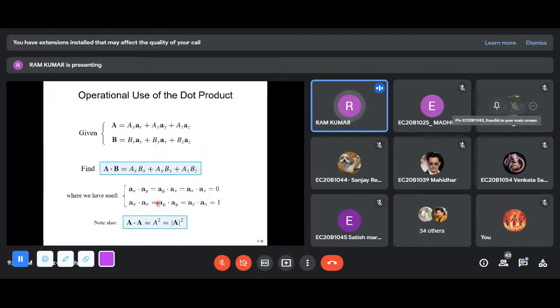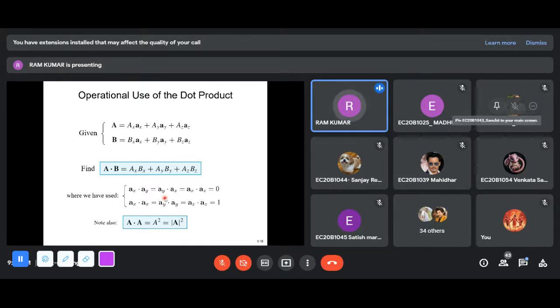The dot product, you know that. The dot product of the same unit vector is 1. This is very important, just remember this. Similarly, the dot product of different unit vectors. Also hereafter use AX, AY, AZ. Don't use IJK. IJK is the general form you would have used in school physics.